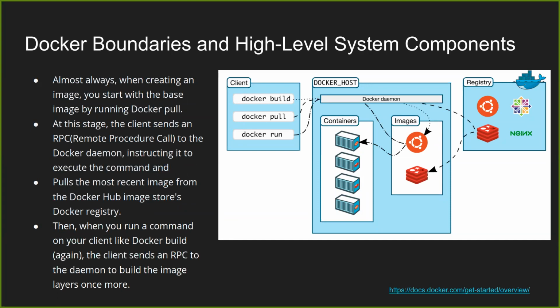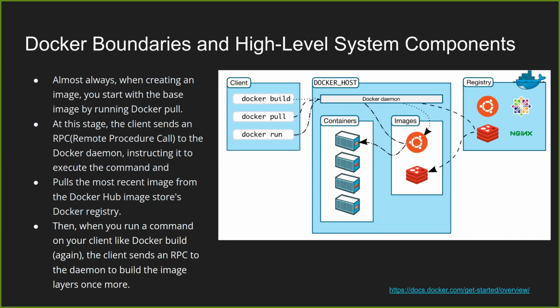All right. Almost always, when you are creating a new image, you will start with a base image, using the FROM instruction, which is going to download the latest image if you haven't tagged it. So it will pull that image from the Docker registry.